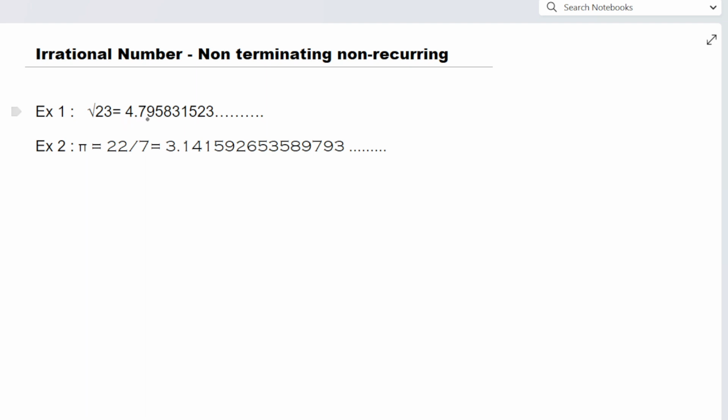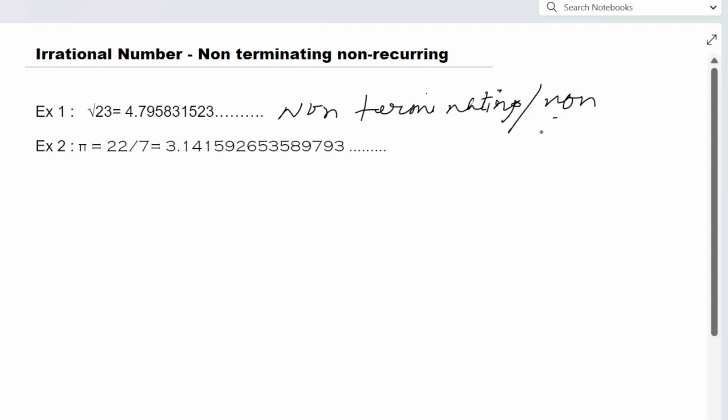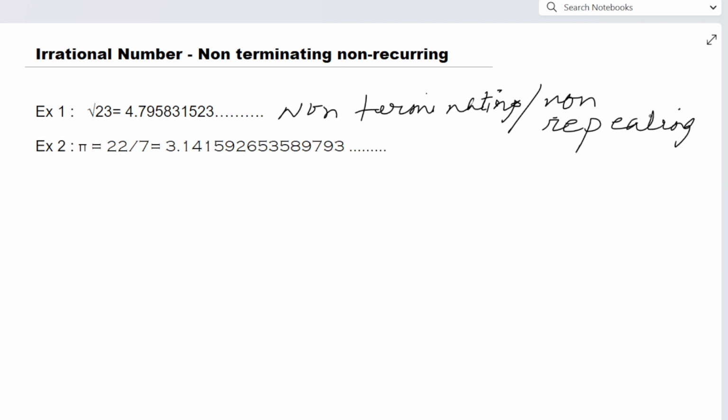See what I'm getting: this is non-terminating, it's not ending, and also non-repeating. You have to be very clear about these two points. This is non-repeating.